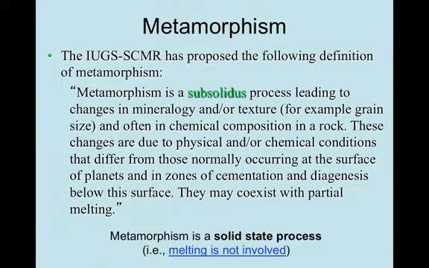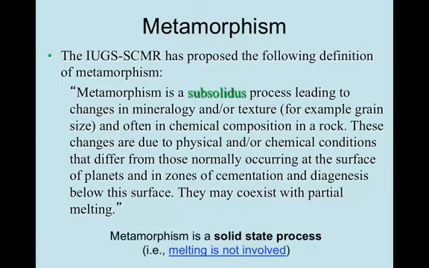Now, metamorphism involves changes in mineralogy or the texture of a rock, or both. So we might see changes in grain size, or minerals like hornblende transforming to pyroxene at higher temperatures. This can often involve changes in chemical composition of a rock, particularly if there are fluids coming in to help drive metamorphic reactions.